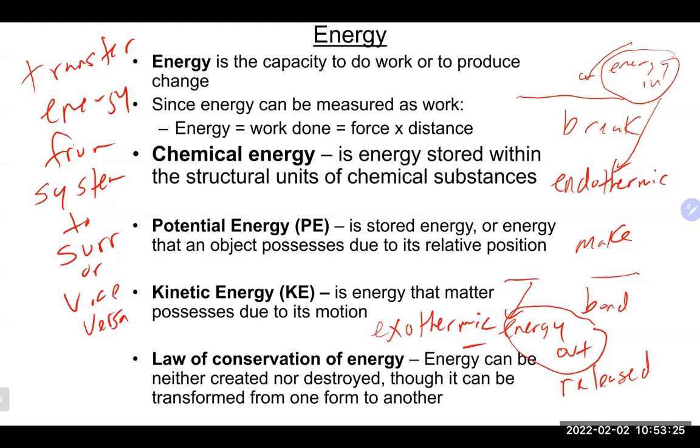So basically, if something loses a certain amount of energy, let's just say, for example, something loses 100 kilojoules of energy, it just gives it off, there has to be something else that will absorb or take in that 100 kilojoules of energy. So there's this nice perfect transfer of energy from one place to the next.